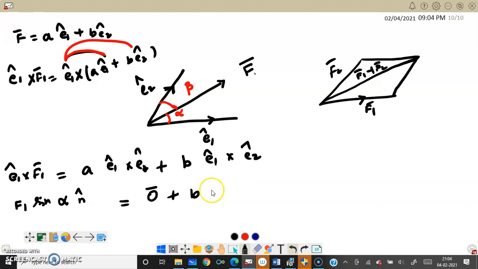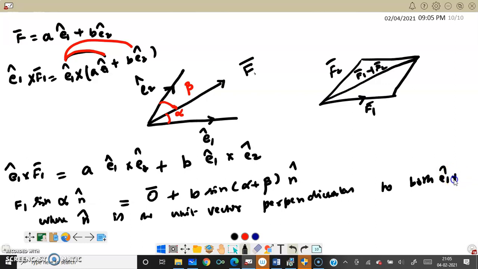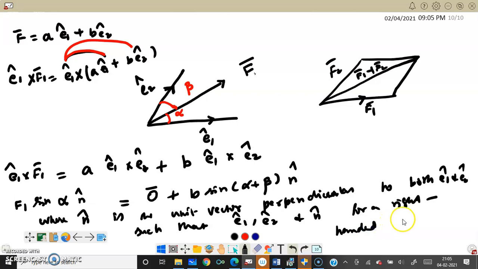So B is there, modulus of E1 is 1, modulus of E2 is also 1, and the sine of the angle between them is sine of alpha plus beta, into n cap, where n cap is the unit vector perpendicular to both E1 and E2, such that E1, E2 and n cap form a right-handed triad.